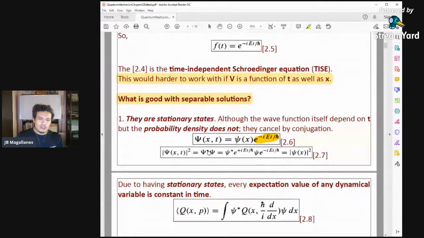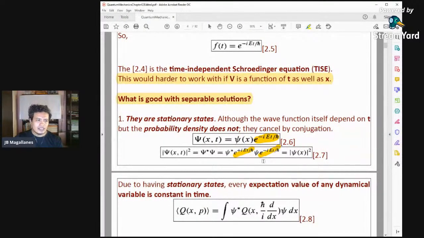The psi star is the conjugate of psi, and the conjugate of psi just gives you, you just have to change the i into a negative i, or the negative i into i. So in this case, this will be cancelled by this.